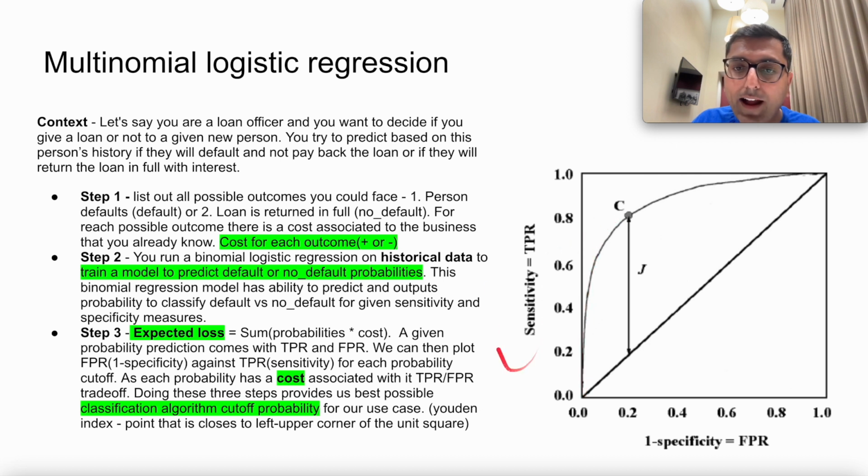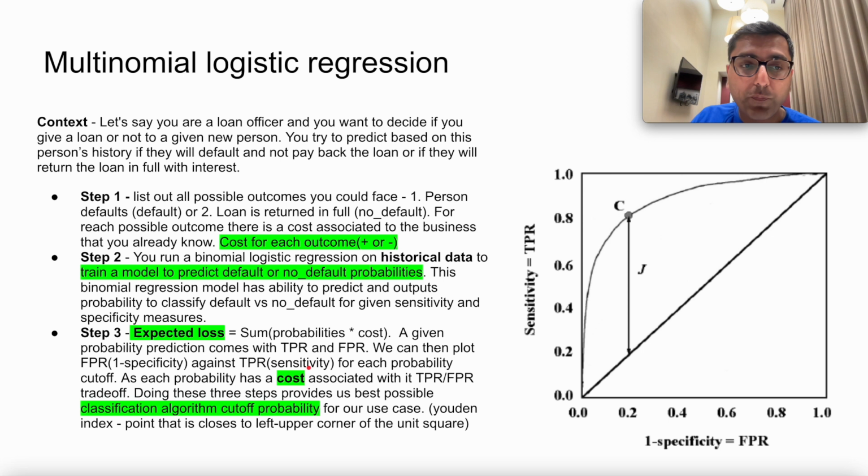If you require high sensitivity, the ability to detect that there is a problem, versus the ability to detect whether everything is fine, loan default, no default, then you will have a cost associated. So you can say, hey, now that for your probability you're telling me, algorithm, these are your true positive, false positive, or sensitivity and specificity rates, you can adjust it.